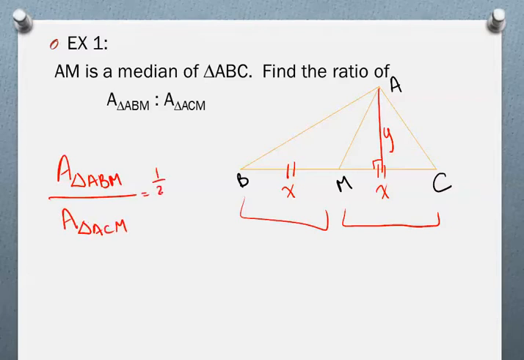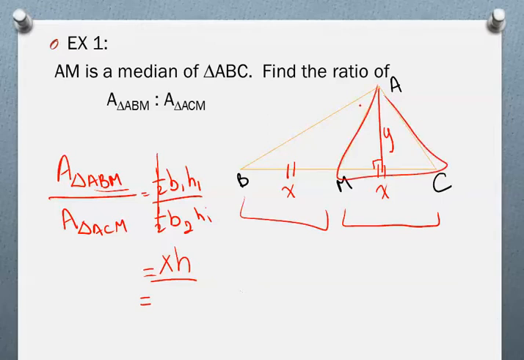And again, we're going to use half times the base times the height over the same formula. The halves will cancel out. In triangle ABM, the base is x and the height is y. And if we look at triangle ACM, the base is also x and the height is also the same, which is y.